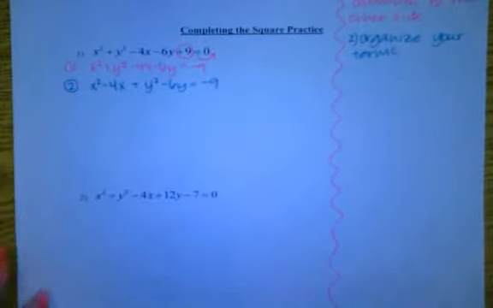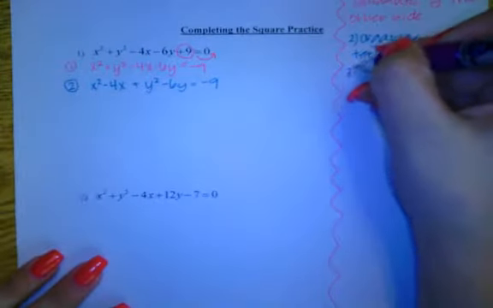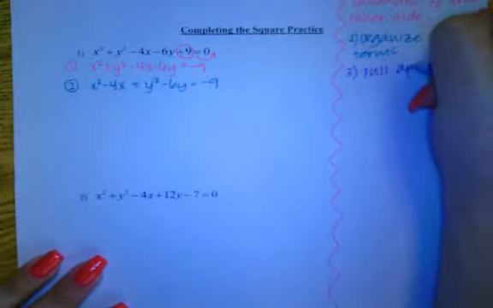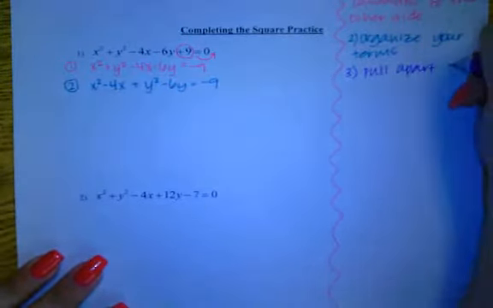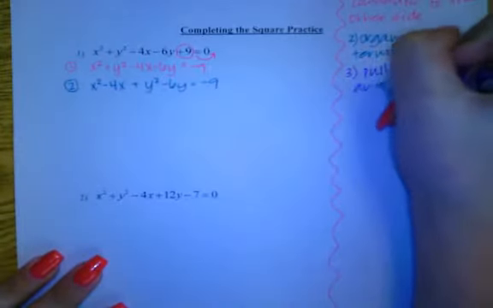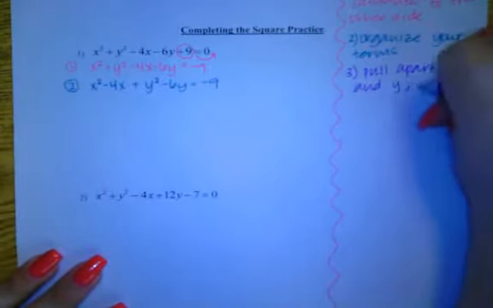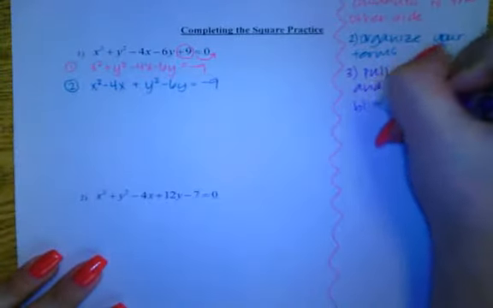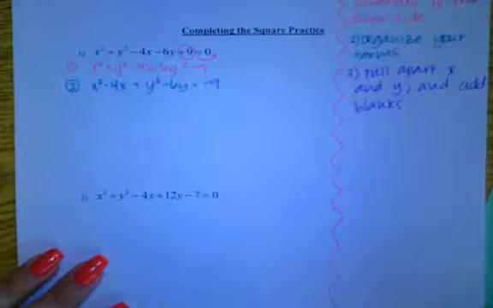Third step. Pull apart x and y and add blanks. And you'll see what I mean in a second. Step 3.